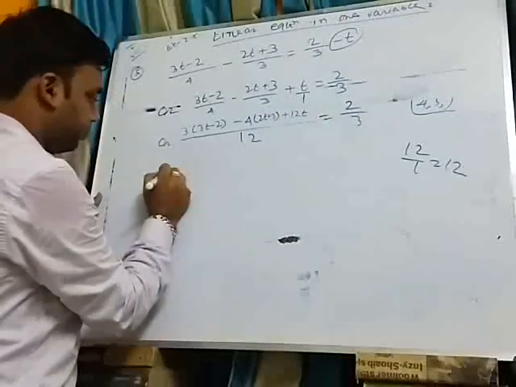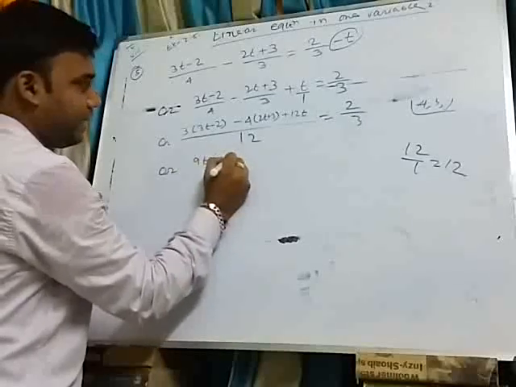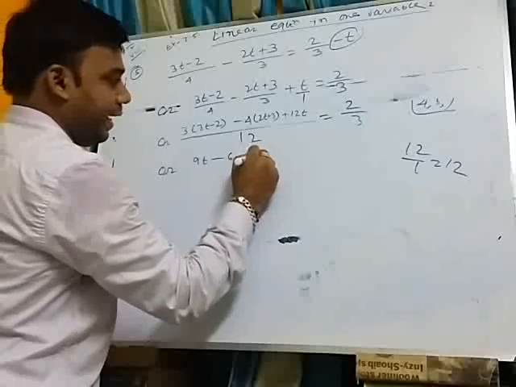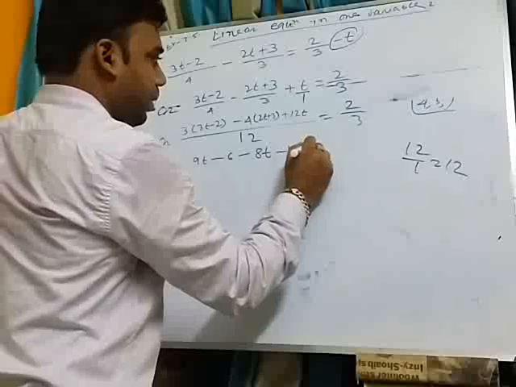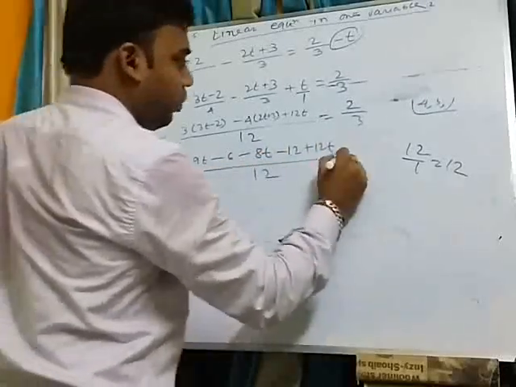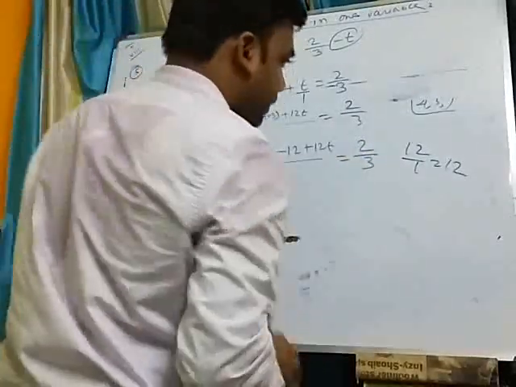So 3 into 3t is 9t minus 6, minus 4 into 2t, that is 8t, minus 12, plus 12t, all by 12, equal to 2 by 3.